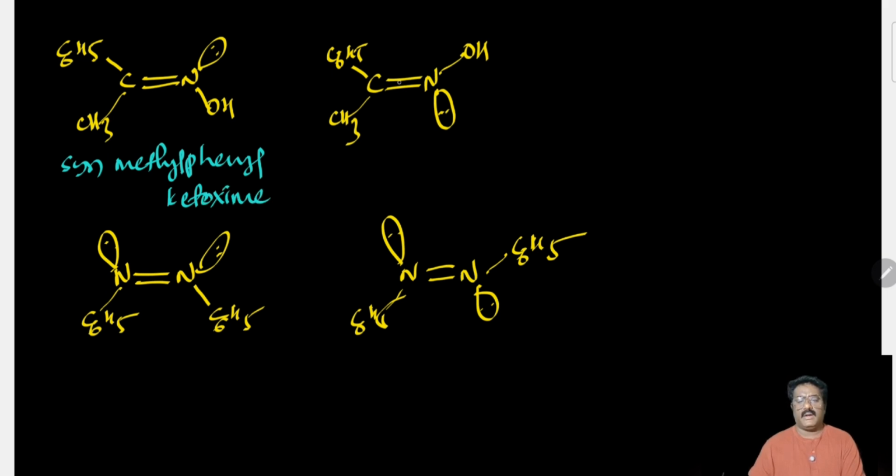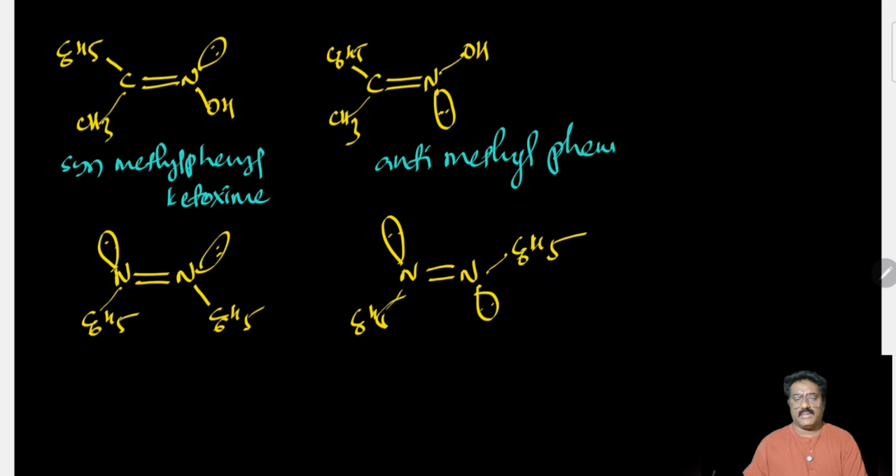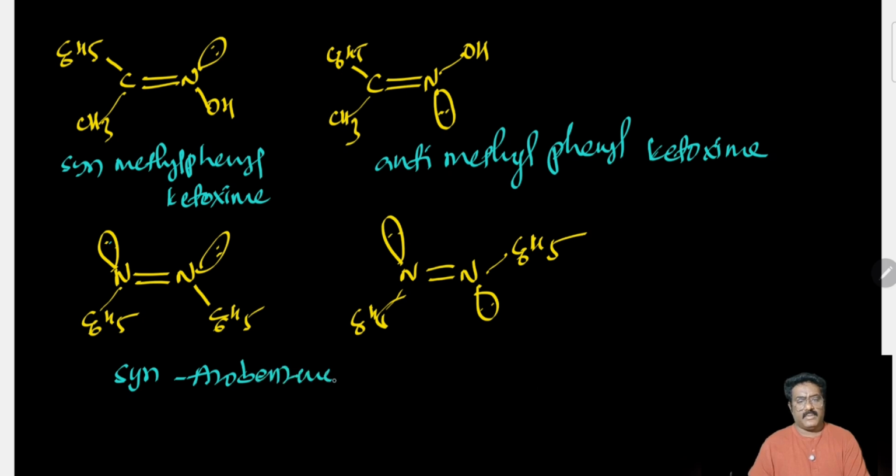Now it is CH3, OH, anti methyl phenyl ketoxime. Yes. Now nitrogen double bond with nitrogen, what? It is azo. Same side, it is syn azobenzene. It is what? Anti azobenzene.